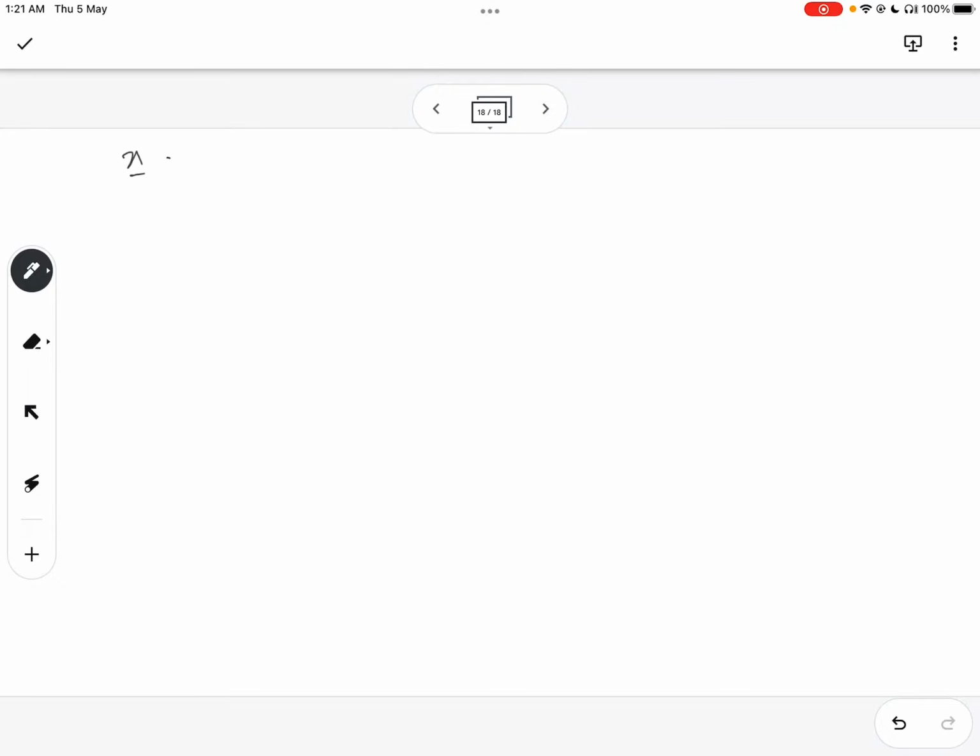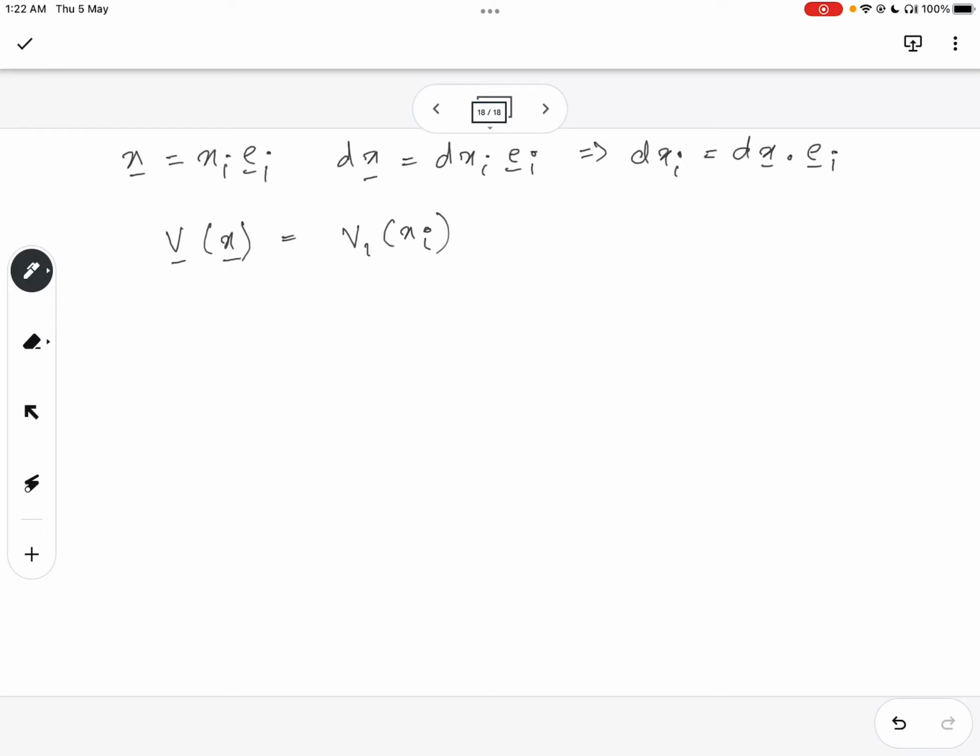So x is xiei, therefore dx becomes dxiei, and therefore dxi is dx dotted with ei. V as a function of x can be written as v1 of xi, that is v1 as a function of x1 x2 x3, e1 plus v2 of xi e2 plus v3 of xi e3.